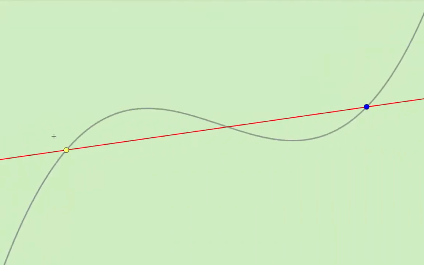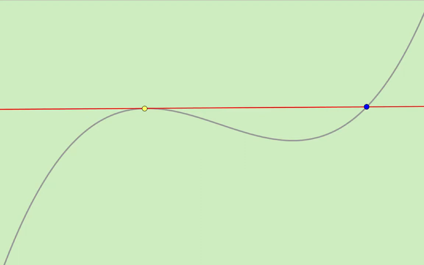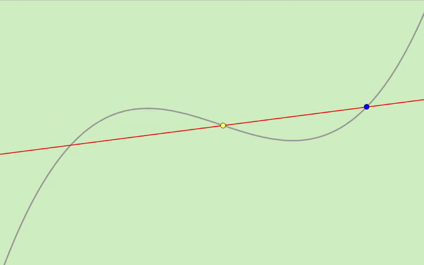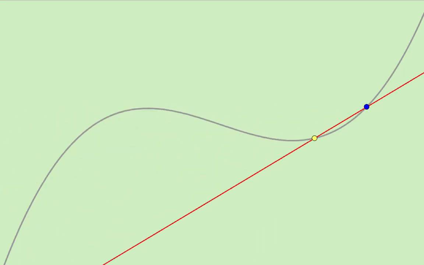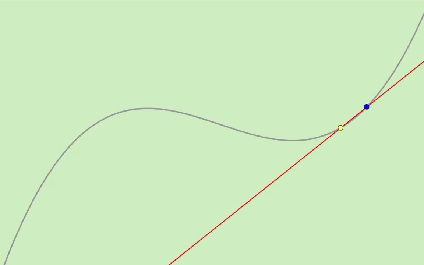Let me take any 2 points on this curve, one which is the yellow dot here, and the other which is the blue dot over here, connected by a straight line, the red line. Now let me move the yellow dot towards the blue dot. As it becomes closer and closer, it becomes what is called the tangent to the curve at the blue point.